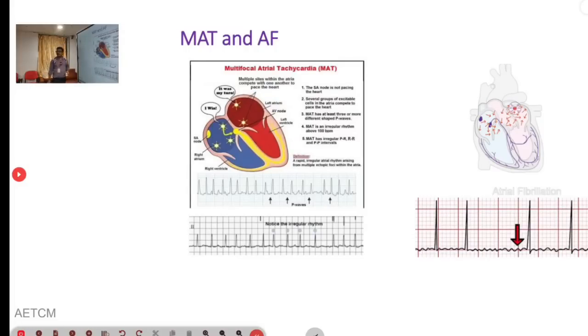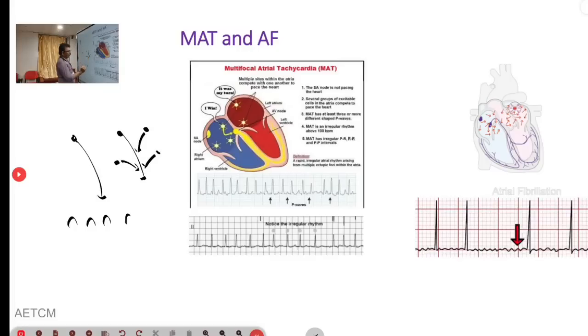Now another important P wave change is multifocal atrial tachycardia and atrial fibrillation. Since the SA node produces every P wave, the morphology of the P wave is always the same. But remember, the SA node produces one, another is coming from another direction, another coming from here, this from here.